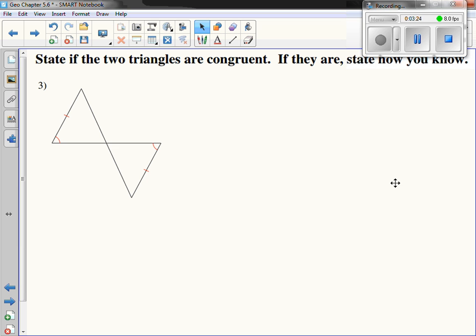Okay, let's see if these two are congruent. So let's see what we know so far. I know that this angle and this angle are congruent, and this side and this side are congruent. Do I have anything else? These two angles here are congruent because they are vertical angles.